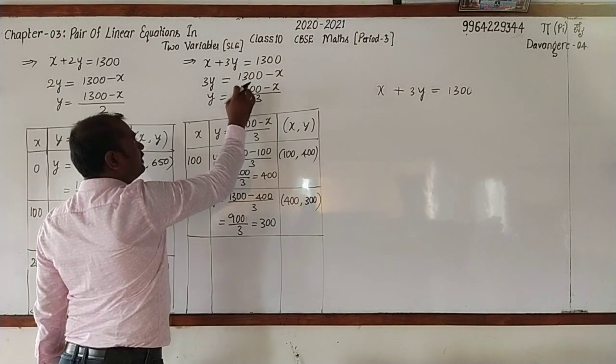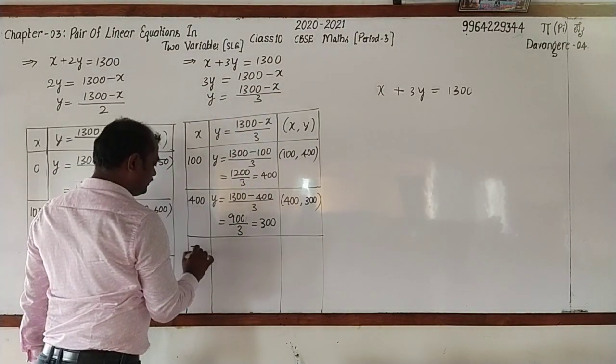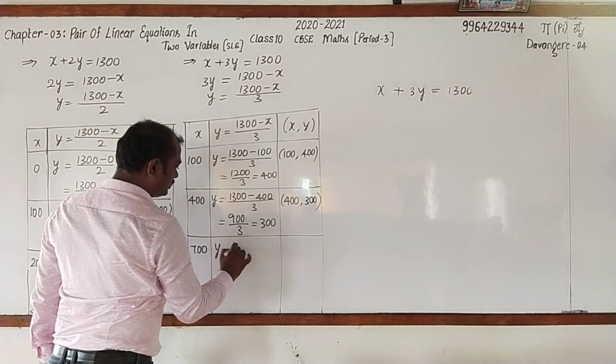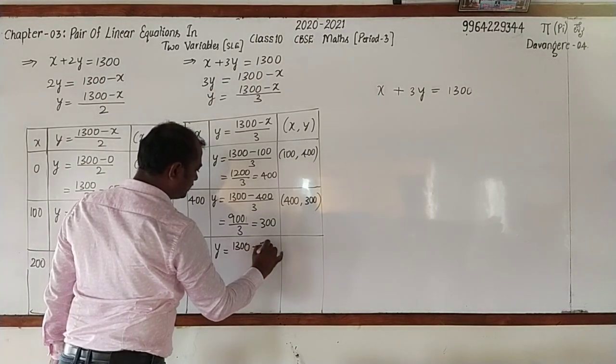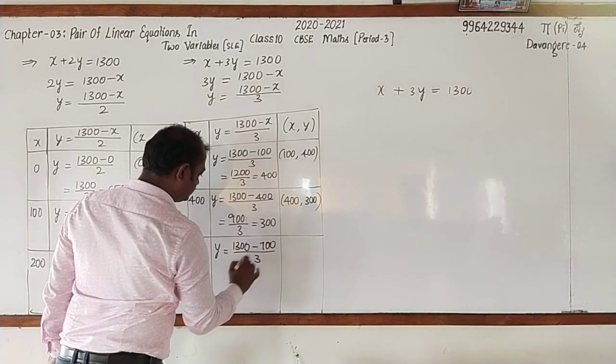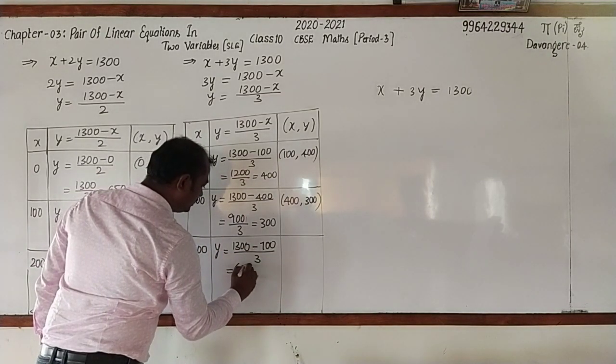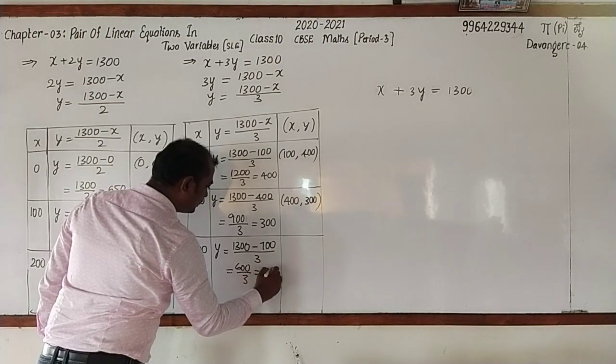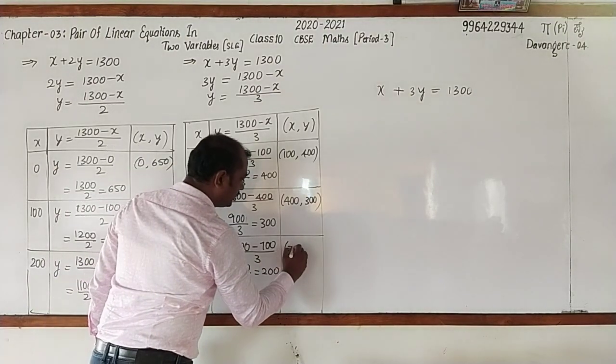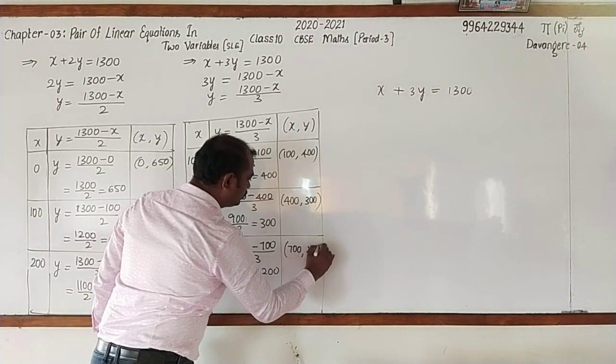Then 700, y is equal to (1300 minus 700) divided by 3. How much will it be? 1300 minus 700, it is 600 by 3. This will be 200. When x is 700, y will be 200.